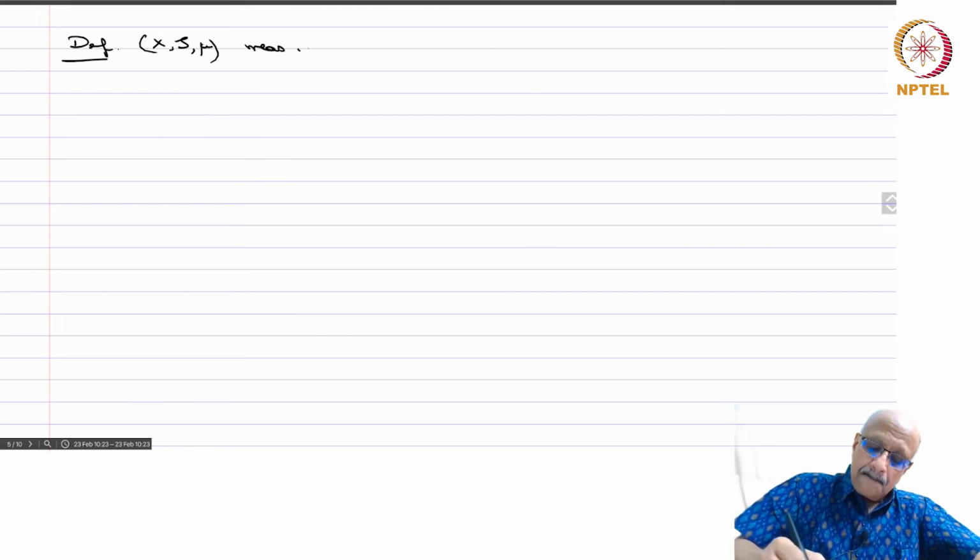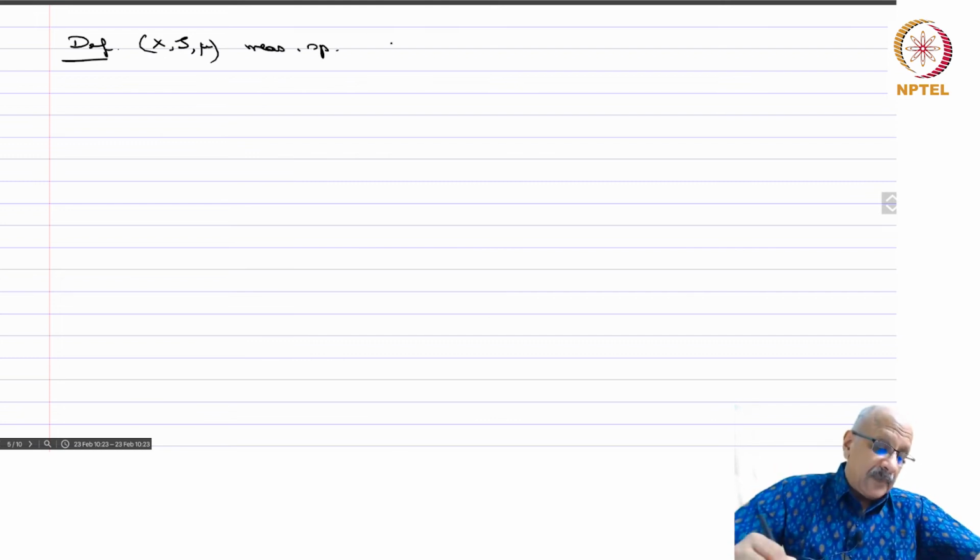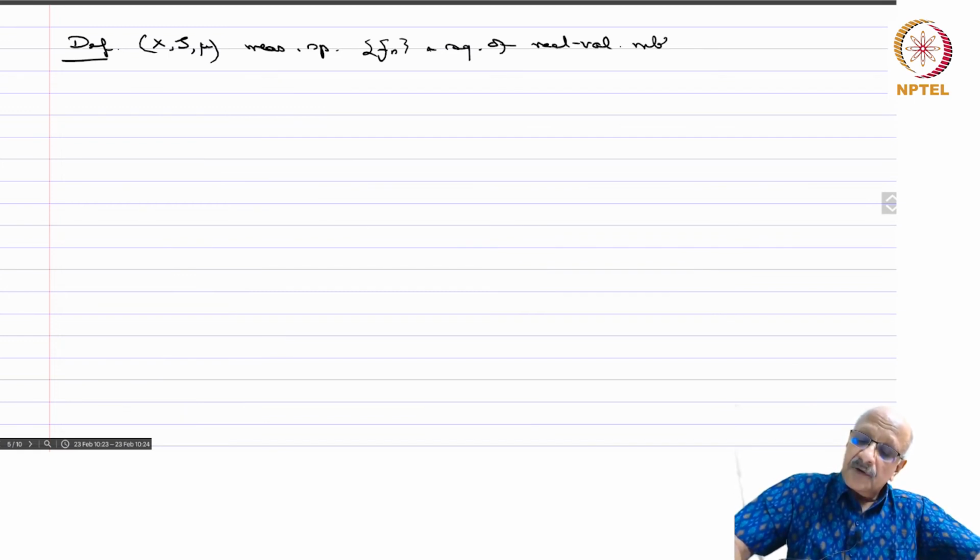Okay, so definition: let X, S, mu be a measure space, and fn a sequence of real valued measurable functions.